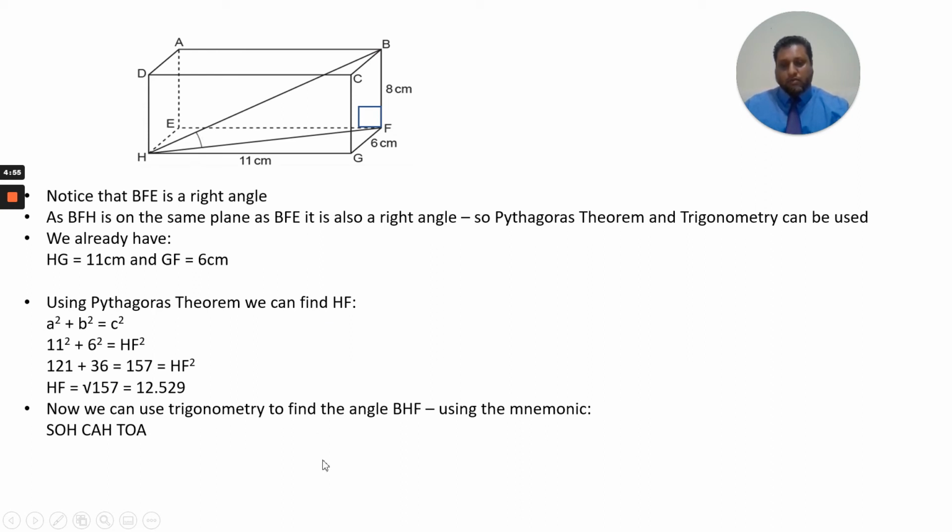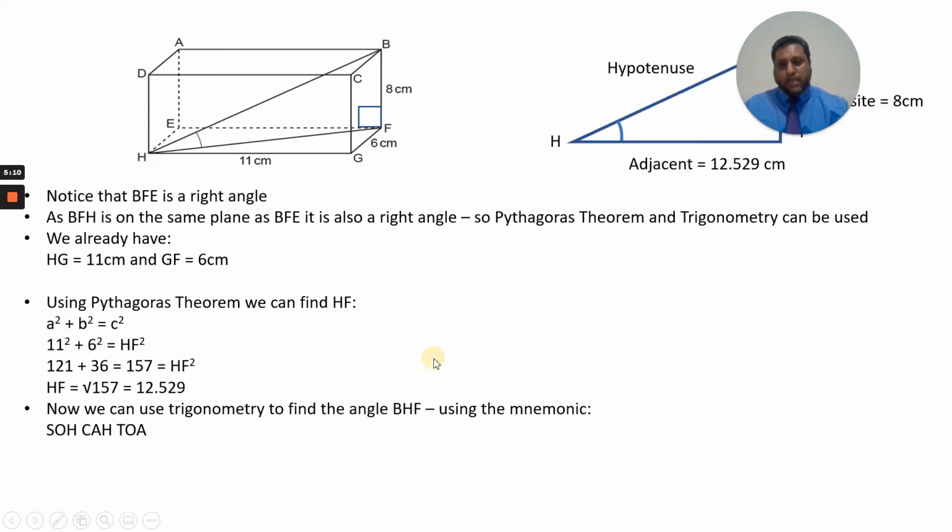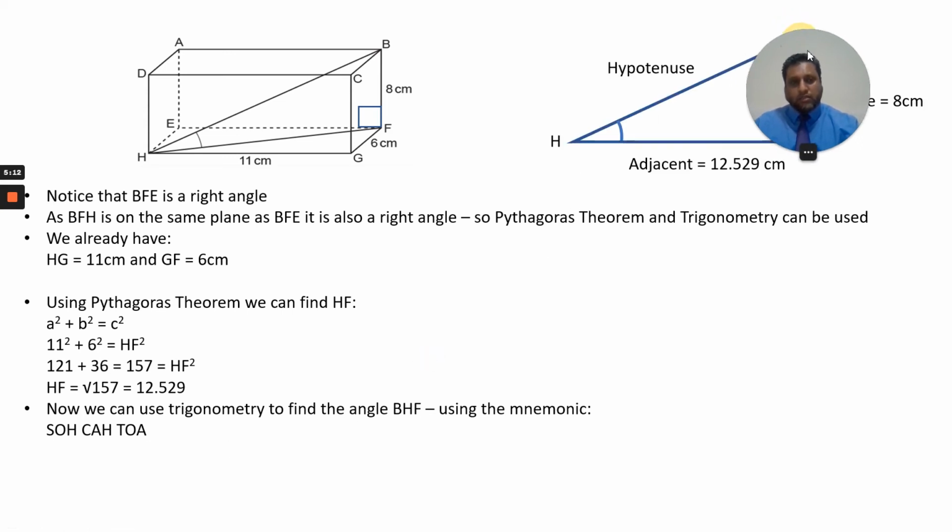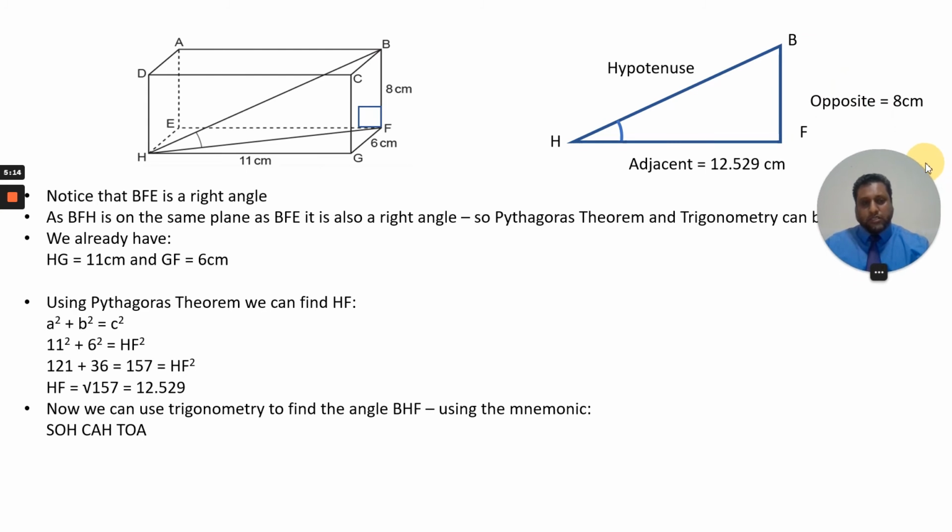Now, using the mnemonic SOHCAHTOA, the sine is the opposite over the hypotenuse. The cosine is the adjacent over the hypotenuse. The tangent is the opposite over the adjacent. Now, as we don't know the length of the hypotenuse in this situation, I've just taken BFH and represented it here.